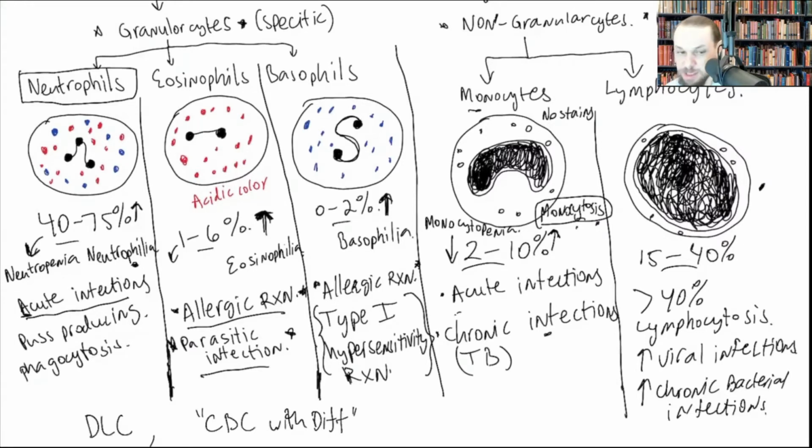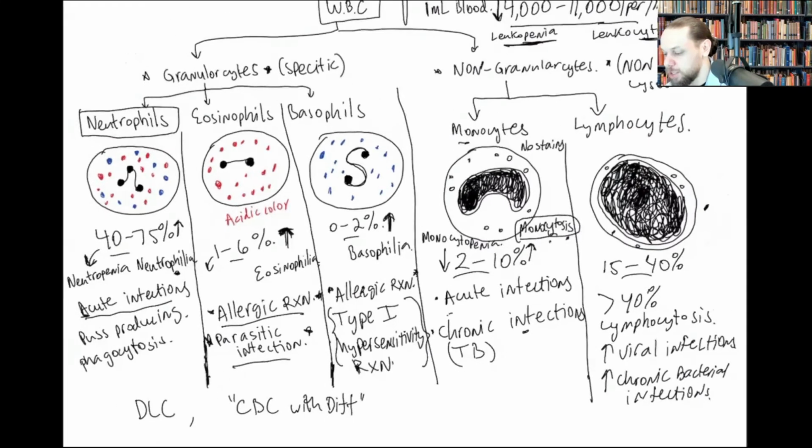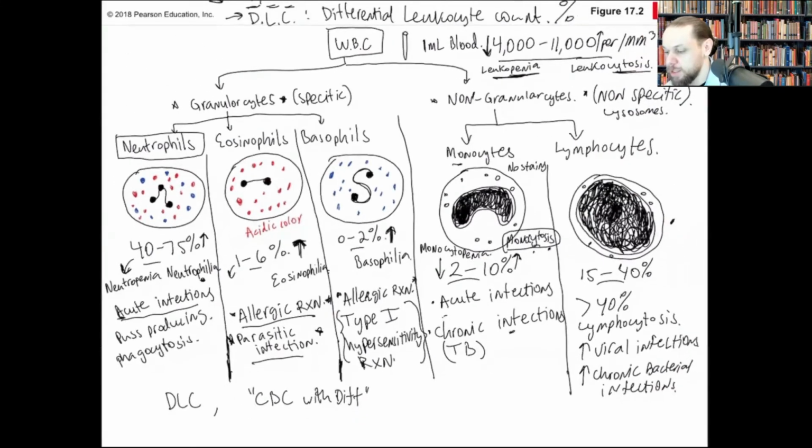Diff basically means a differential count. The reason they want it is that they want to know these percentages. They want to look when the person is having, let's say, a fever or complaints of malaise. They want to see which of these white blood cells are elevated, and specifically the percentages of them.